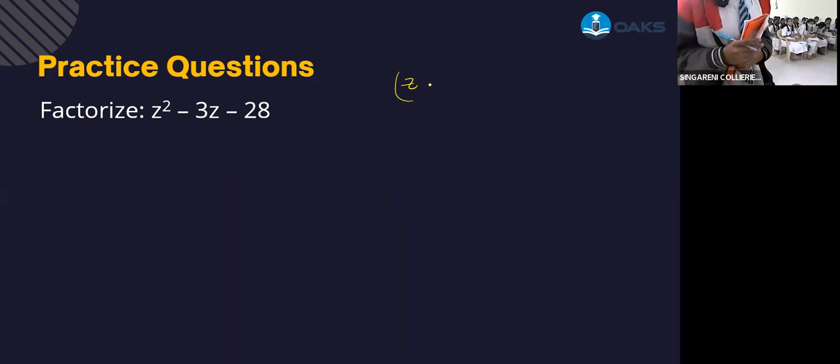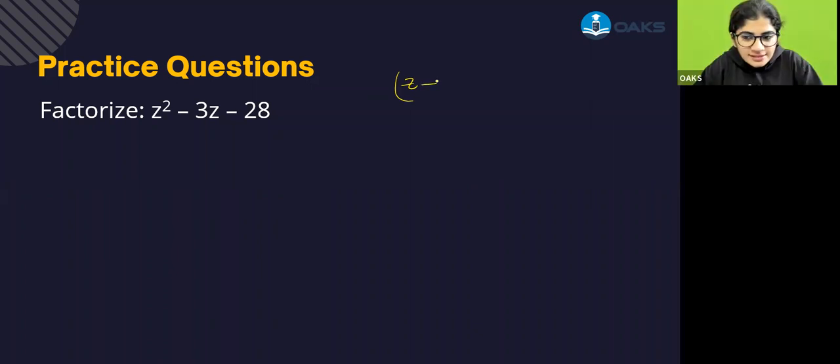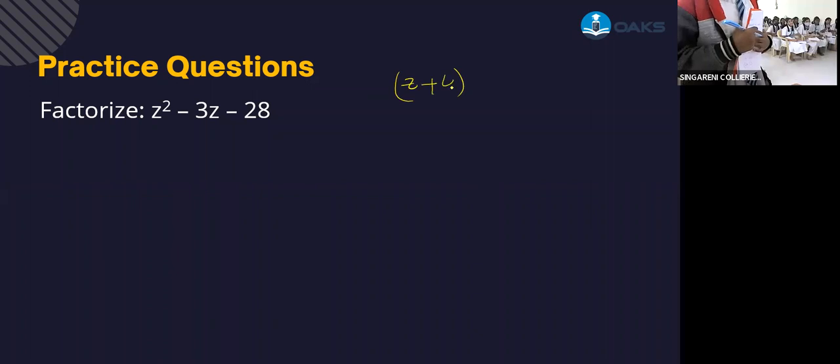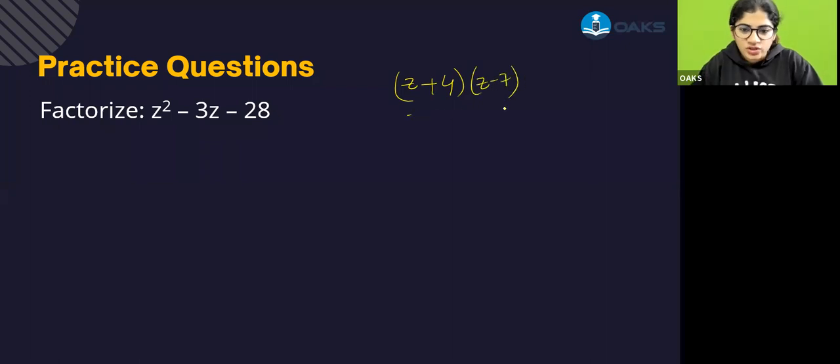Z plus 4 and Z minus 7. Okay, okay. Let me check and I'll tell you whether you got your point or not. Thank you so much. You can sit down.